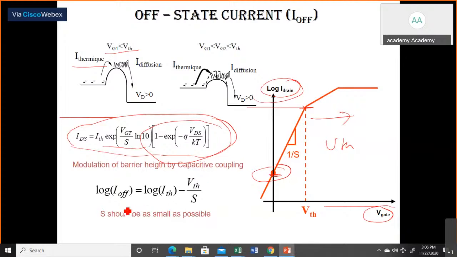Okay, and there is one more important factor, that is called sub-threshold swing. Sub-threshold swing is decided by this parameter, 1 by S. Okay, S is the slope of this graph, and sub-threshold swing is 1 by S. So, sub-threshold swing will decide how fast a MOSFET can switch from off state to on state. Okay, so that can be derived from the log ID versus VGS characteristics only.